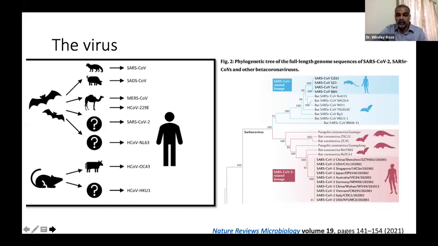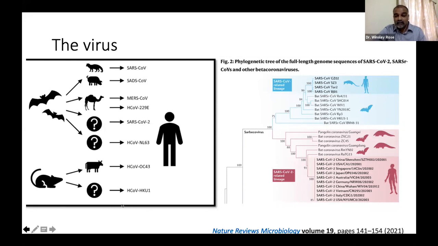They all belong to the beta coronavirus group. There are also alpha and delta coronaviruses, but all the really pathogenic coronaviruses belong to the beta coronavirus group. A few other coronaviruses can cause human disease, but they all cause milder disease.